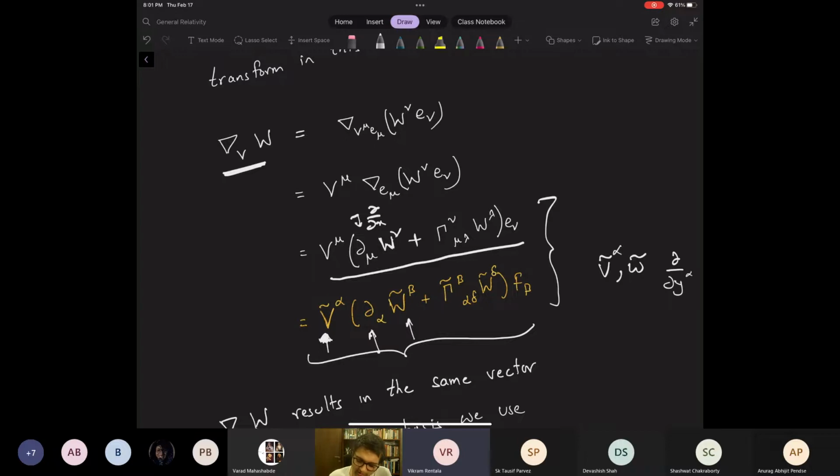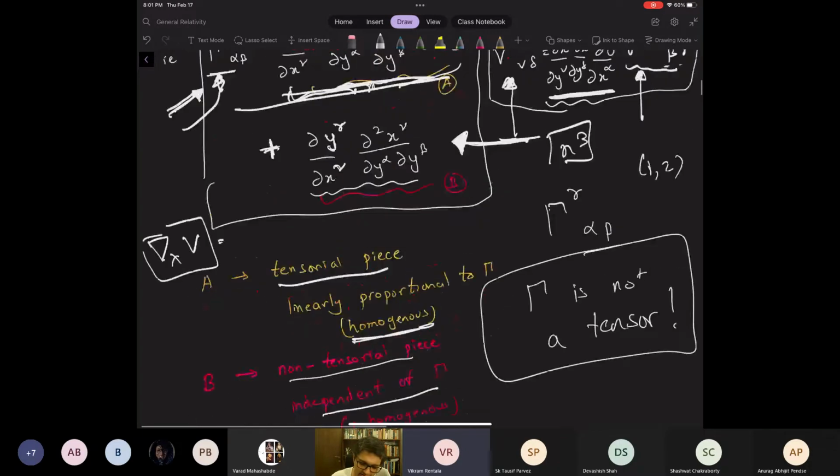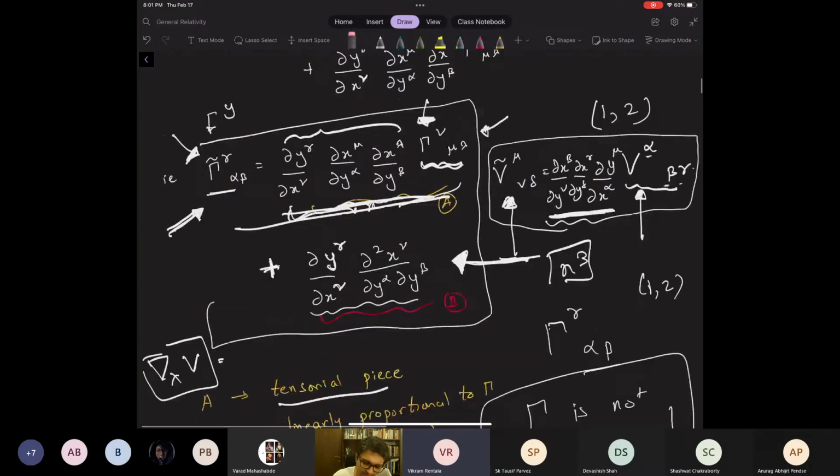Similarly, v mu are coefficients of partial x when I express vectors in the x basis. And this derivative with respect to alpha is partial y alpha, rather than partial x mu, as we've done over here. These are the old connection coefficients, and these are the new connection coefficients, which are related using this method.